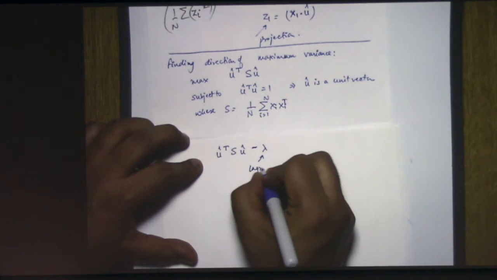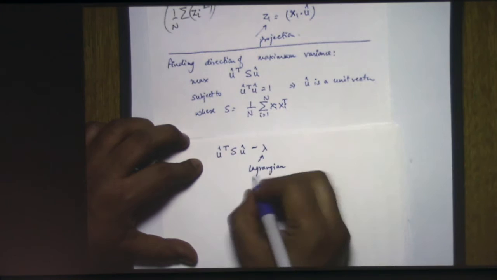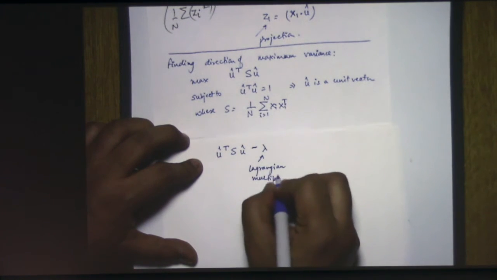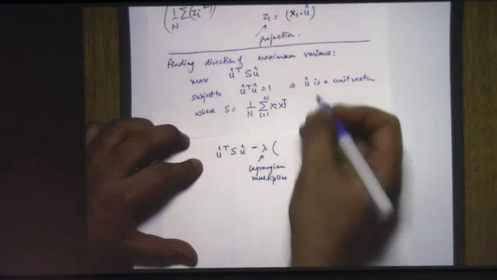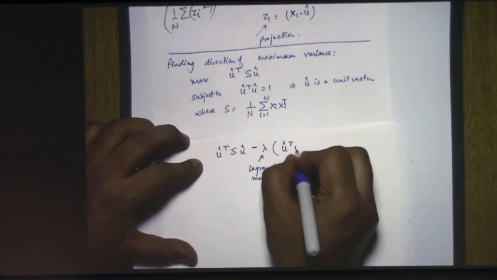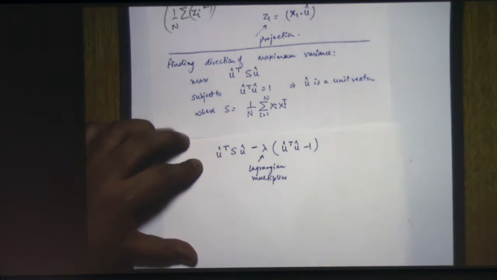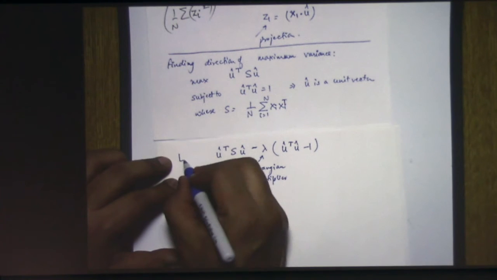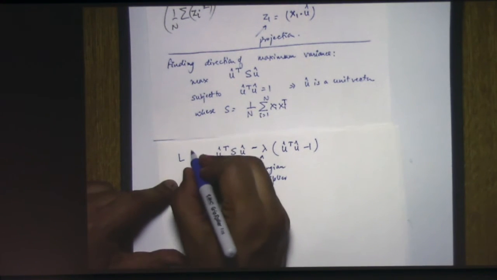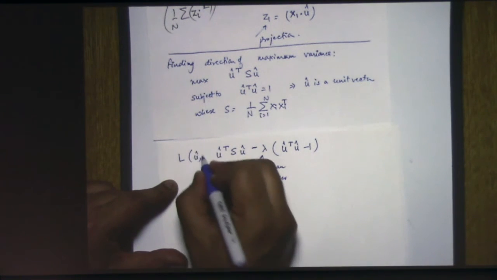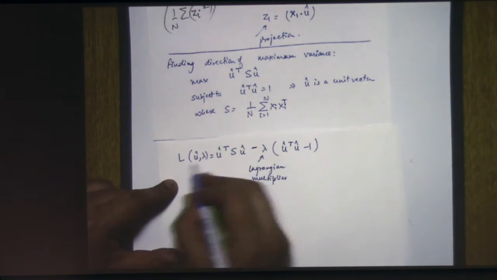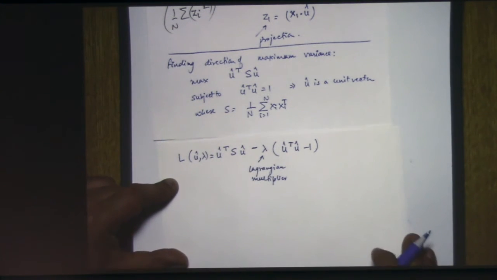So this is a Lagrangian multiplier times the constraint. So this is an L, which is a function of both U and lambda, because we are trying to find U, which gives you the maximum variance.